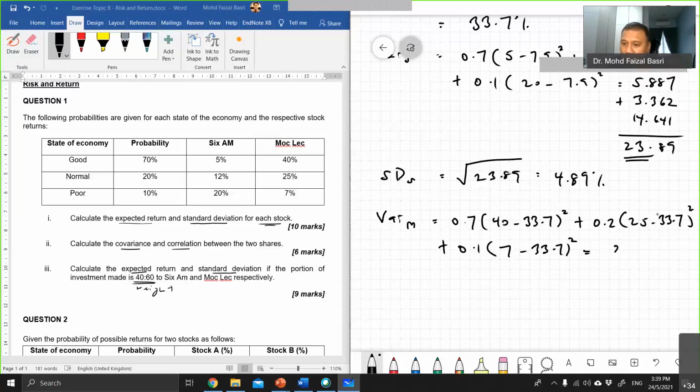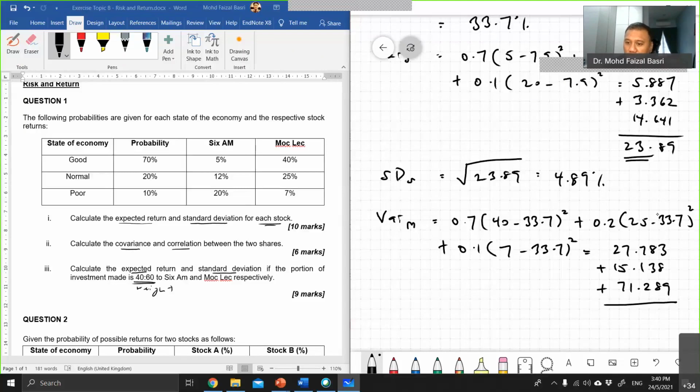So I have 783, plus 5 minus 33.7 squared, and the last one, 7 minus 33.7 squared.